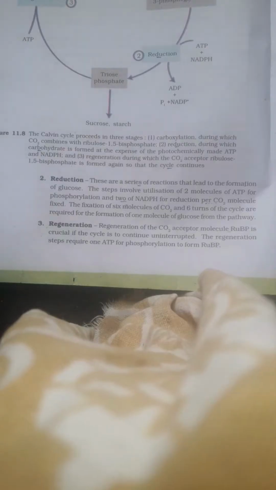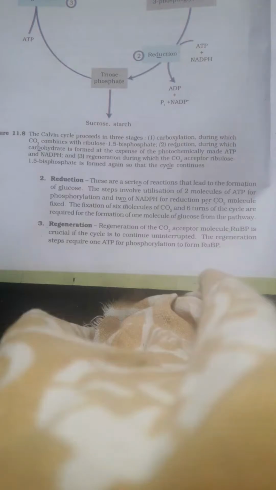The next thing is the reduction. So the second step is reduction and the third step is regeneration. In the first step we have seen carboxylation. Carboxylation means carbon fixation, that is CO2 combines with RuBP, ribulose 1,5 bisphosphate.